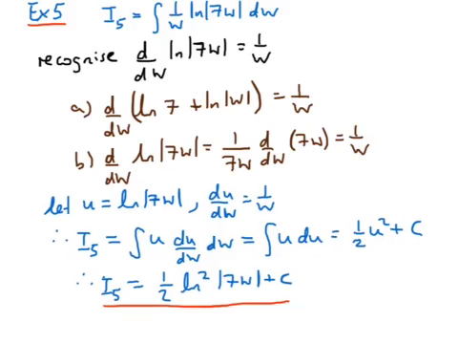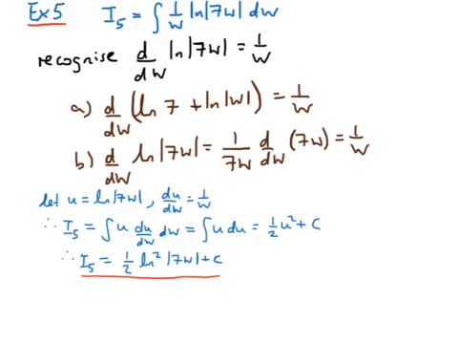So to do that I'll just make a little bit of room. So we want to differentiate I5 with respect to w. We have a factor of 1/2. We then have the logarithm squared, so we bring the 2 down. We have the logarithm then to the power 2 minus 1, that's just the logarithm of 7w. And then we multiply this, from the chain rule, by the derivative of the logarithm of 7w.